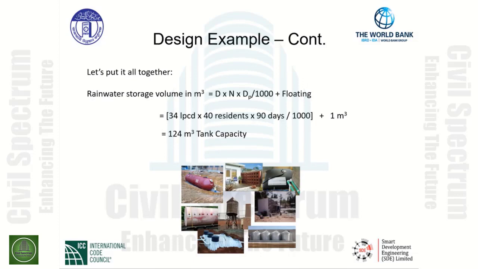Now let's put it all together. We will solve for the rainwater storage volume in cubic meters for our tank capacity. Below, we've plugged in the values in our equation. 34 liter per capita per day times 40 residents times 90 days dividing by 1,000, plus 1 cubic meter as the additional capacity for floating.